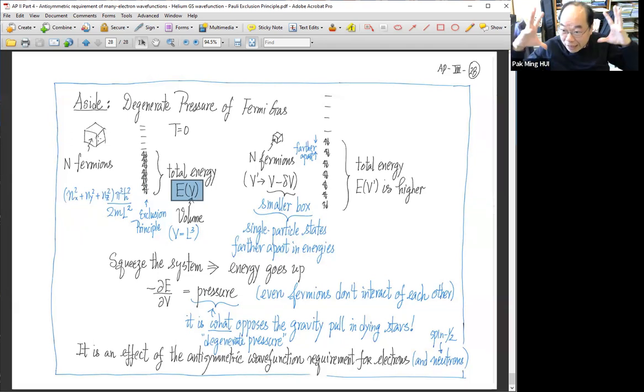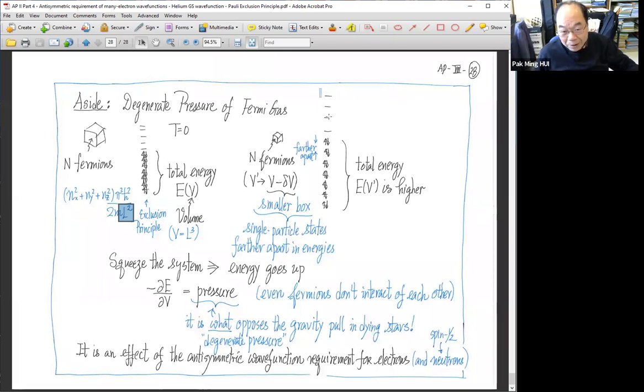Now you squeeze the box. L becomes L minus delta L, smaller. Thereby the volume also becomes smaller. Notice that the L lives in the denominator down there. You squeeze the box a little bit, this single particle state is squeezed farther apart and up in energy.